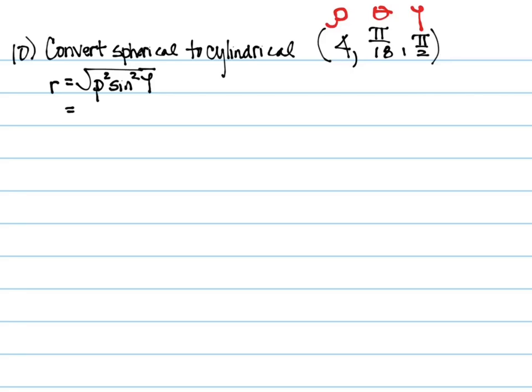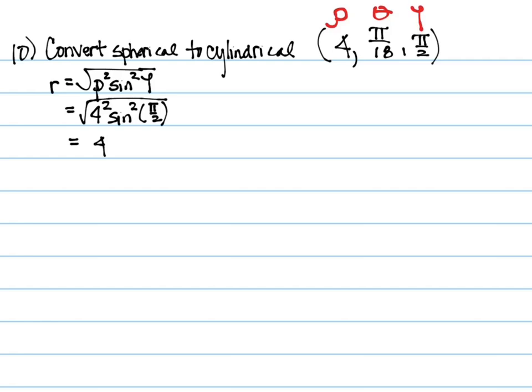So what is rho? 4. So I have 4 squared, and then the sine squared of pi over 2. What's the sine of pi over 2? 1, right? So this is actually just 4. Very nice, isn't it?